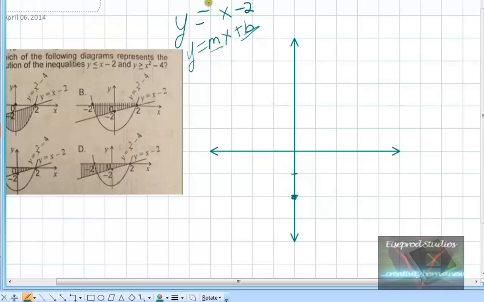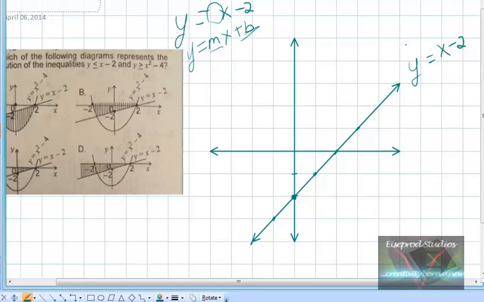We have a slope of +1. So we're going to go over 1 and up 1. And it's going to continue this pattern. And so I'll use the line tool to help me draw a line here. So this is y is equal to x minus 2.